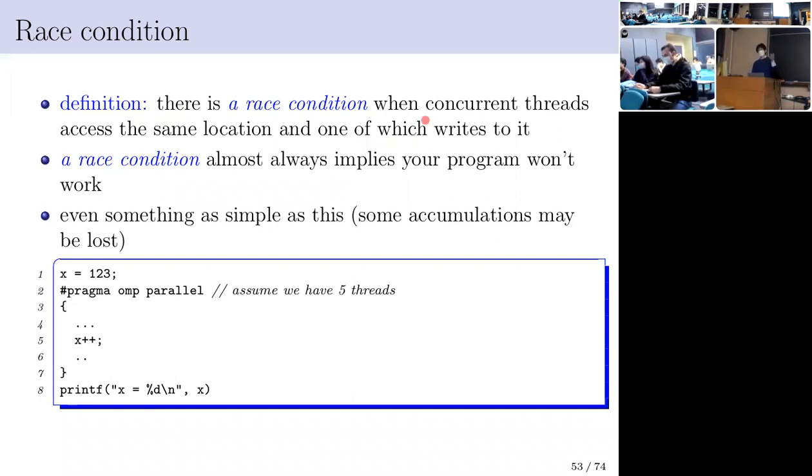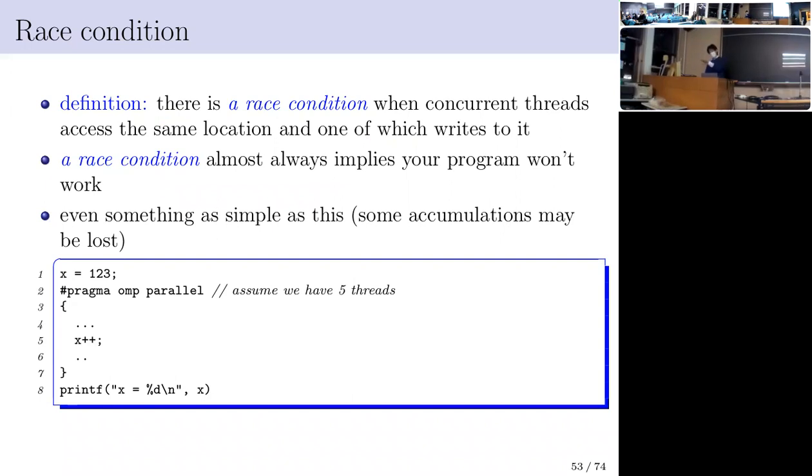So when you have a thread writing to a variable x, and another thread running concurrently with that thread trying to read the same variable, then you have a race condition. If your program has a race condition, it almost always implies that your program is not going to work.